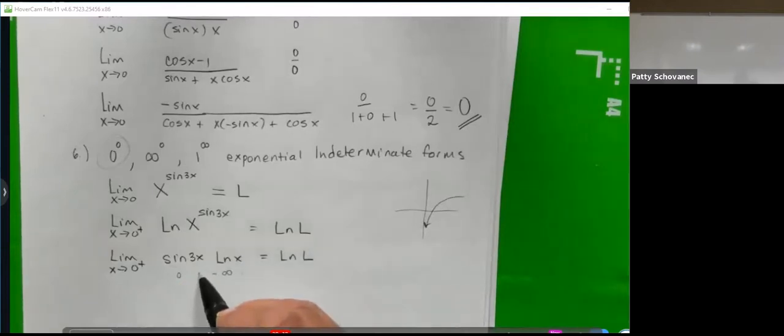But it's 0 times infinity again, so we've got to rewrite that as either 0 over 0 or infinity over infinity. So we put one of the factors reciprocal on the bottom. Since I have all those reciprocal identities, I'm going to put the reciprocal of the sine on the bottom.